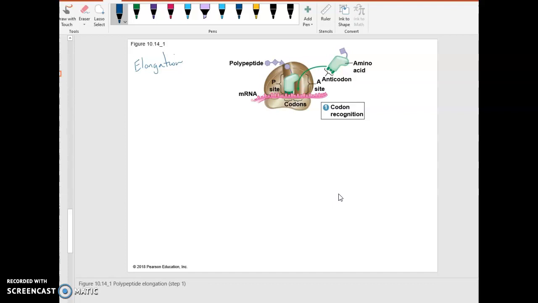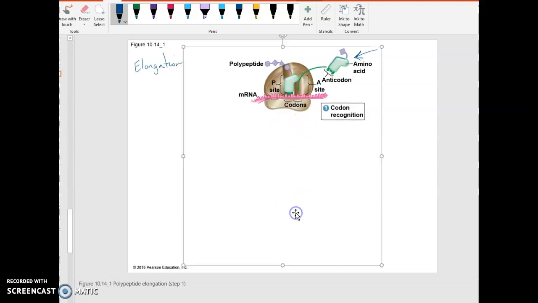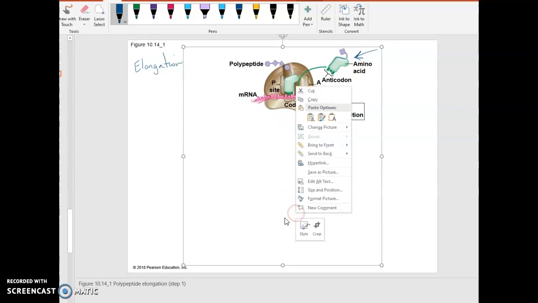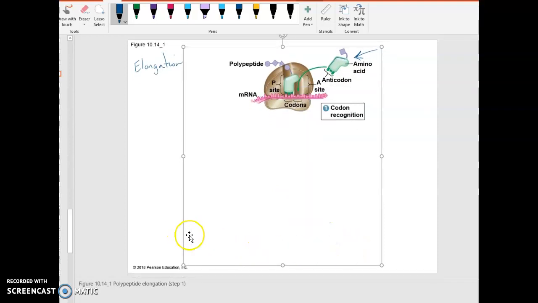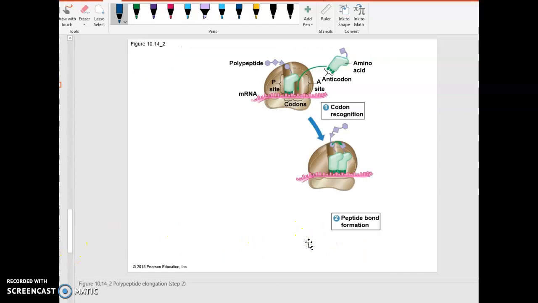We've got a tRNA in the P site, and we have codon recognition coming in. This anticodon from the tRNA that's over here is going to go into the A site. We can get it to advance. There we go.